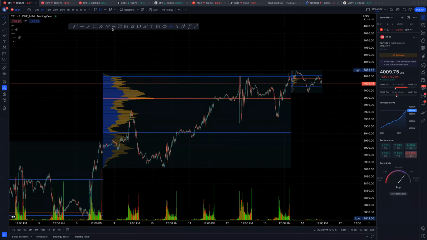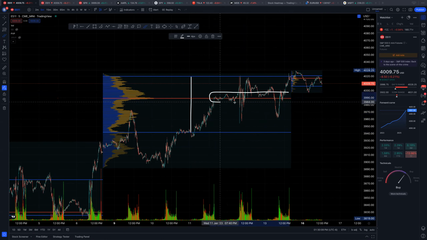So 70% of the trading for this session happened between these blue lines right here. Yes, this is the weekly volume profile. So the value area shows 70% of the trading for the session. And the point of control basically shows 70% of the trading inside of the value area.